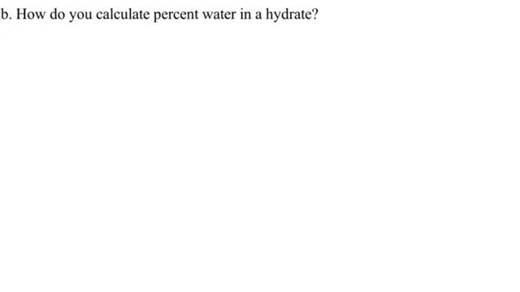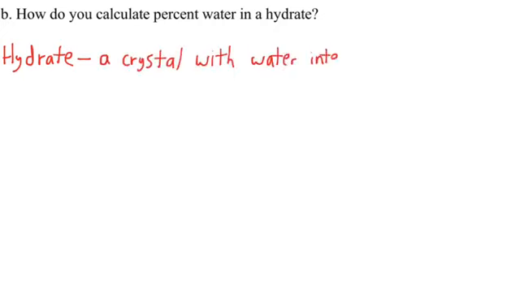Here's another application of percent composition. You can have the percent of a whole thing that's normally a compound in another formula. So when we were classifying matter, we saw a picture of copper 2 sulfate pentahydrate, a pretty blue crystal. A hydrate in general is a crystal. That means it's ionic.